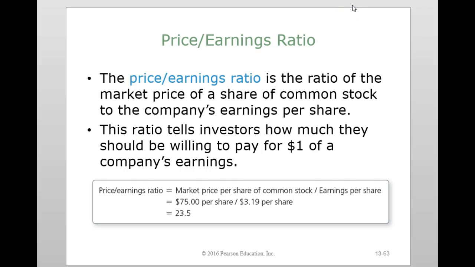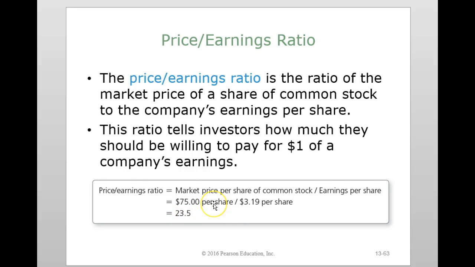Here's the price-earnings ratio, and that is the market price of a share divided by the earnings per share. So to get this one, you have to do the earnings per share first. And the ratio looks like this, the market price per share divided by earnings per share. And it'll give you a ratio of 23.5.